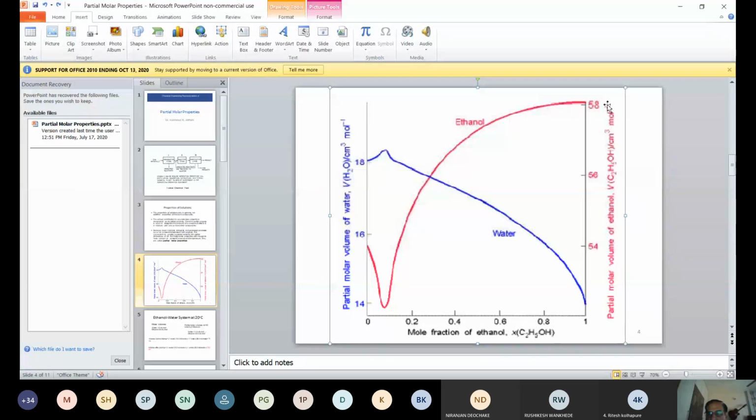But if I add the same 1 mole of ethanol to say 40% ethanol in water, then the contribution of 1 mole of ethanol is around 57 or so centimeters cube per mole. And this will keep changing depending on the composition of the solution to which we are adding water or ethanol. This partial molar volume is changing because the environment is different for each concentration.